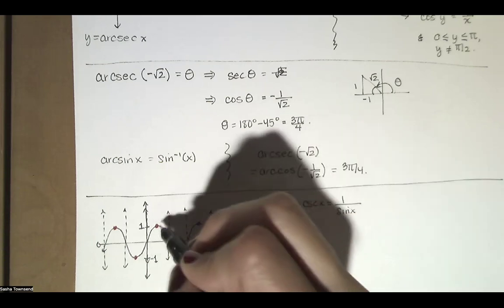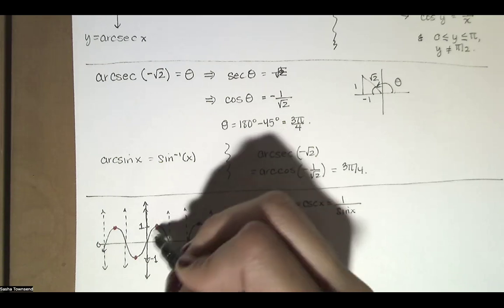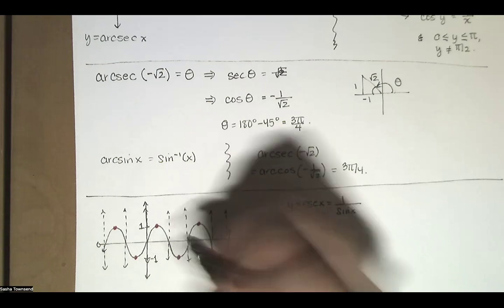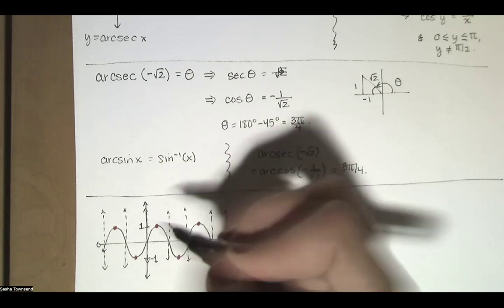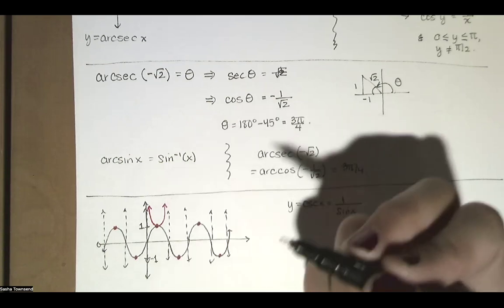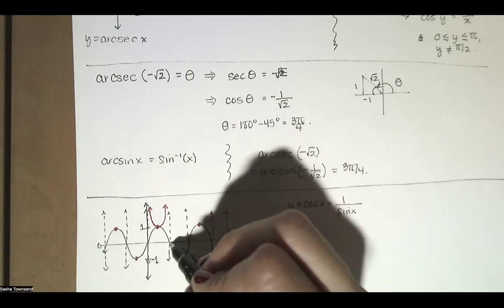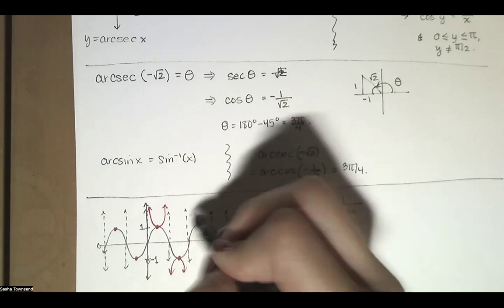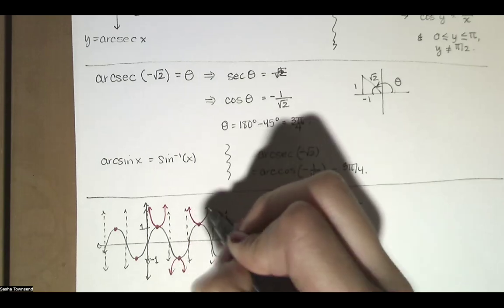And then as we approach these vertical lines, we're taking 1 and dividing by a tiny positive number here and here. So the limit of the function is positive infinity. And then 1 divided by a tiny negative number there and there gives us negative infinity as our limits there. And that pattern repeats.